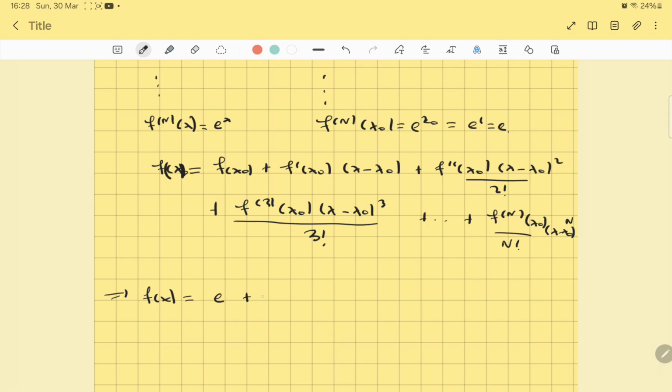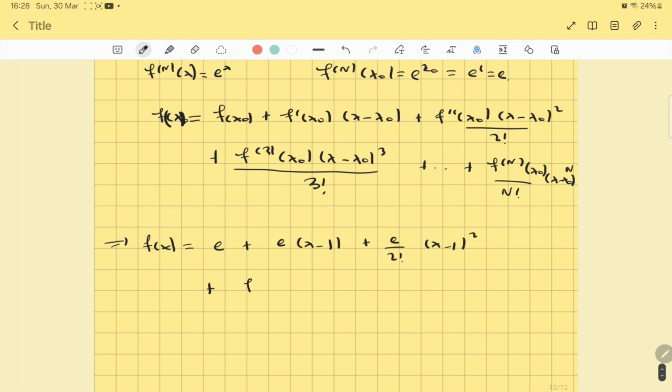So that's e plus e times x minus 1 plus e over 2 factorial times x minus 1 squared plus the third derivative, which is e times x minus 1 to the power of 3 over 3 factorial, plus e times x minus 1 to the power of n over n factorial.